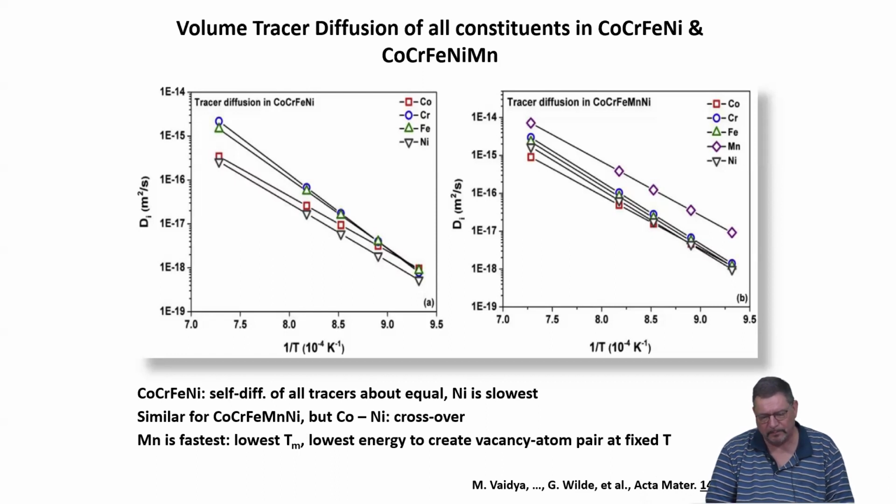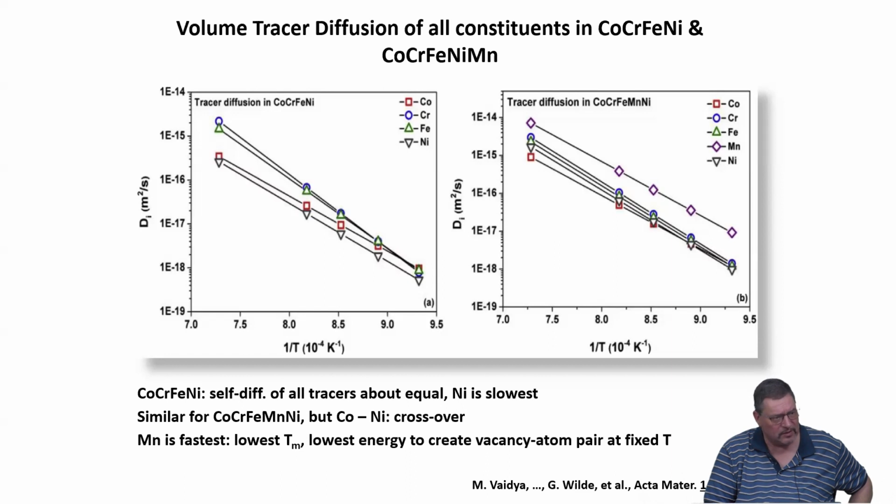What can we see? Well, we see that basically the constituents in the 4-component system have rather similar diffusivities. Slopes change a little bit, which means activation enthalpy for diffusion is slightly different for the different constituents, but the difference is not very large.